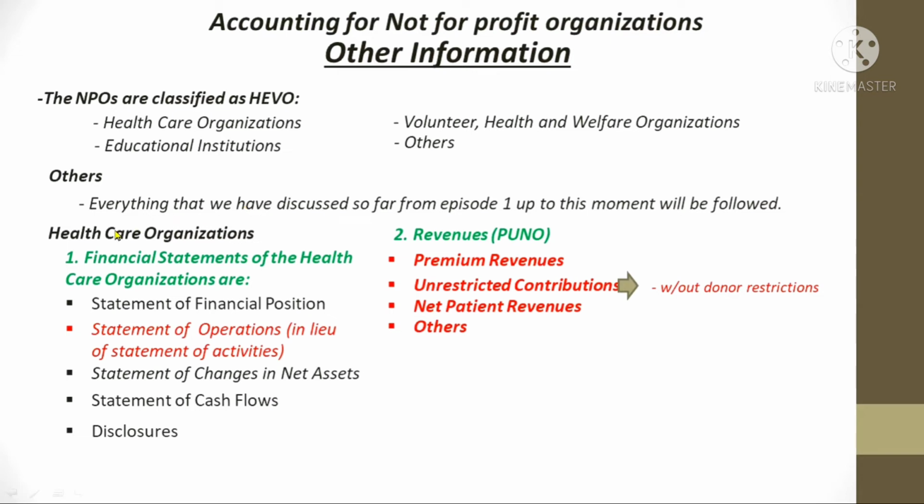And on the healthcare organizations, we have learned also that there are only two accounting peculiarities. First is that instead of a statement of activities, the healthcare NPOs prepare a statement of operations, which only focuses on revenue and expenses. And the second one is that the revenues of the healthcare NPO consist of PUNO.